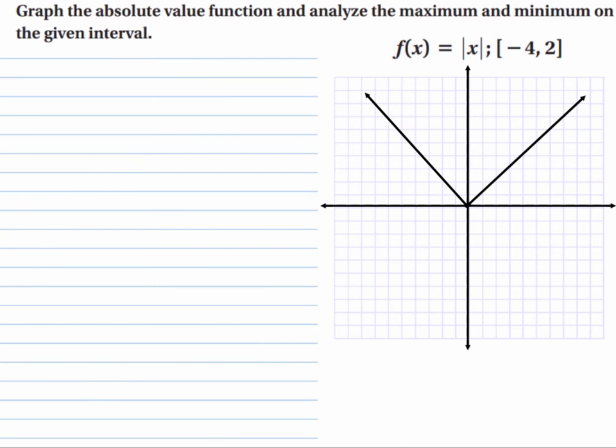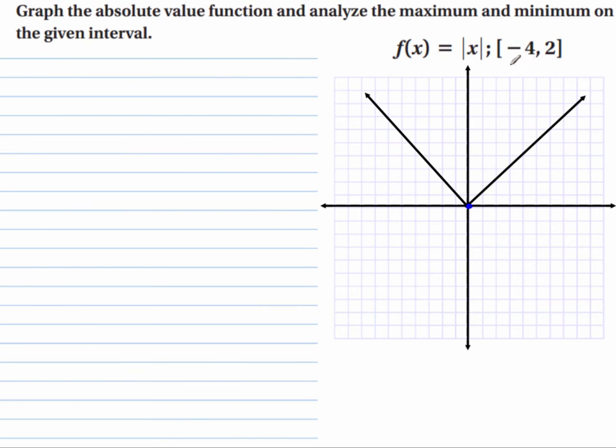So here I've graphed f of x is equal to the absolute value of x. Now, I know it goes through the origin, and then it increases with a slope of 1, and it decreases down to the origin with a slope of -1.